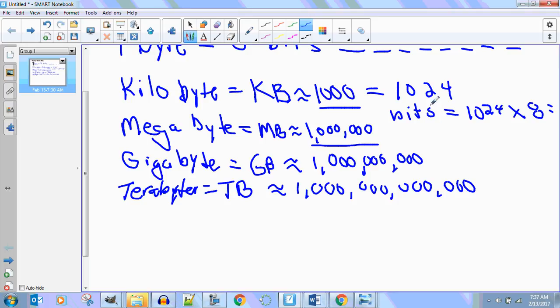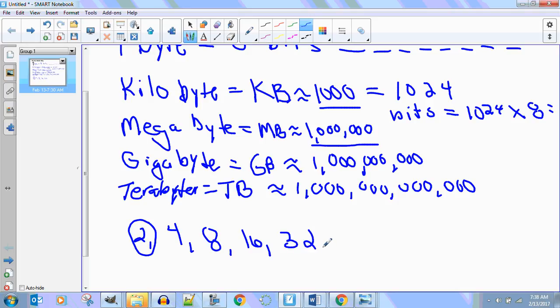Now let's talk about where they get the 1024 from. Good question. Binary is dealing with factors of 2. Okay? 2, 4, 8, 16, 32.